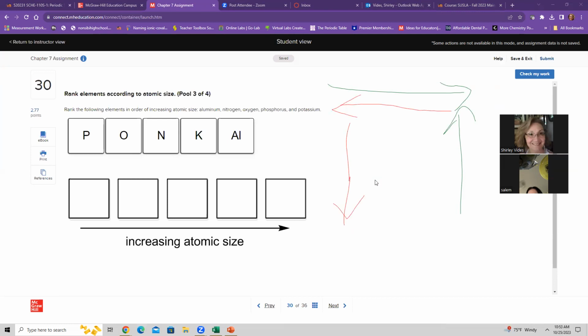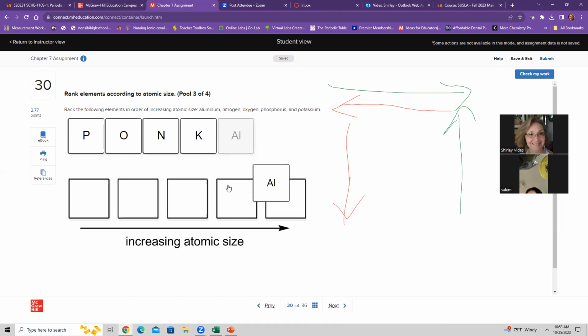It's going to be oxygen first. The smallest, no, we got to get the largest one first. So potassium. Then potassium goes where the little arrow is at the end of it, increasing. Oh, you're doing it backwards.